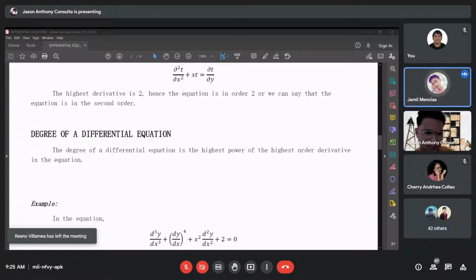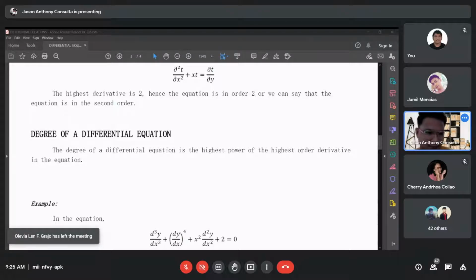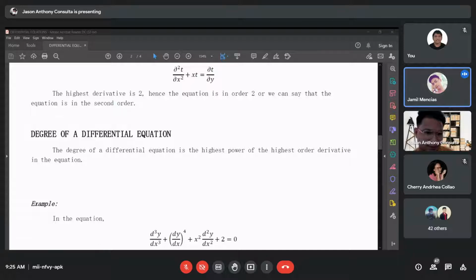The third derivative po. The degree. Hindi yung order. Ano yung degree niya? First, second, third, anong degree? Third po. Okay, ulitin natin. The degree of a differential equation is the highest power of the highest order derivative in the equation. Ano yung order?